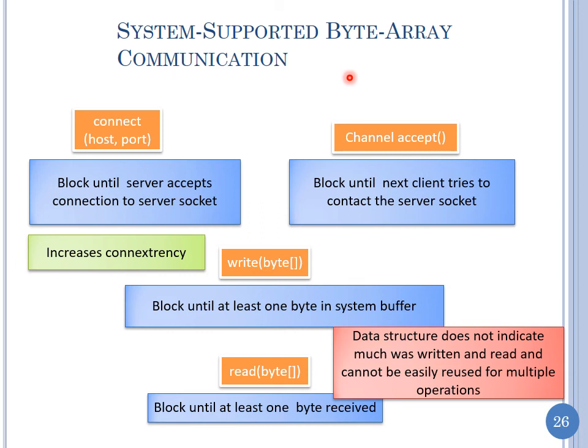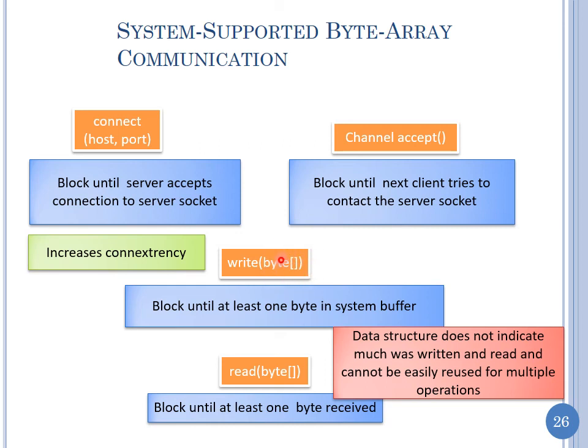Okay, so that's good. We can send byte arrays, and that's a good data structure. But as it turns out, that's the initial data structure people have used, and it was succeeded by another data structure that allows reuse of buffers more easily. I said that we need to know how much was written or how much was read, and that is typically returned as a return value.